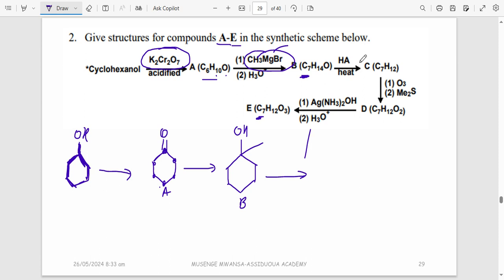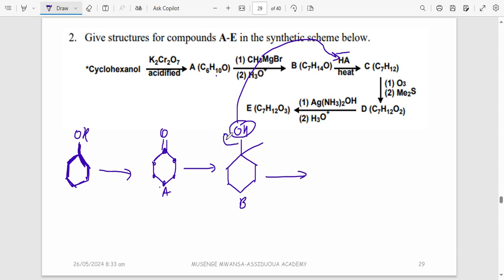And then next, we are reacting with an acid in the presence of heat. When you react an alcohol with an acid in the presence of heat, we talked about this, that is known as acid catalyzed dehydration of alcohols. In a dehydration, this oxygen will first grab this hydrogen and then the bond will break, and we form protonated water, which is a good leaving group.